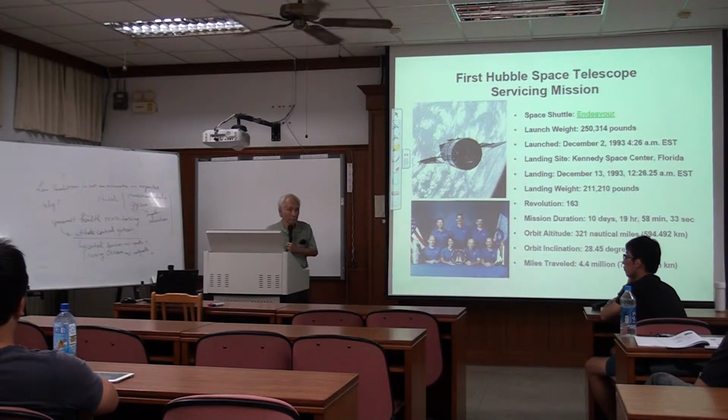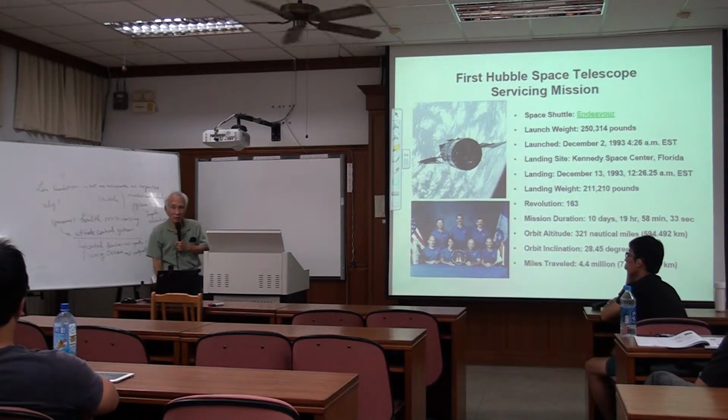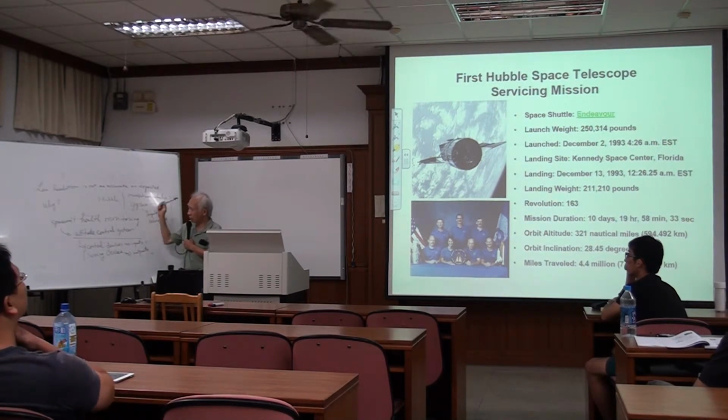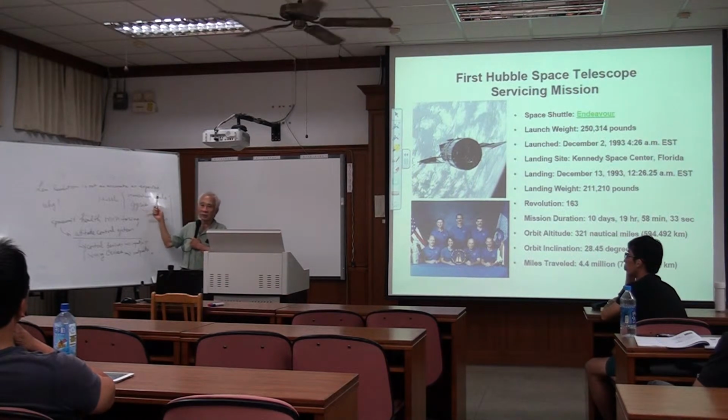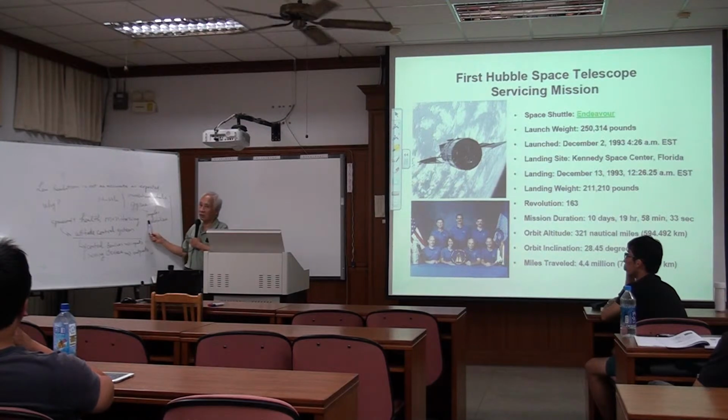Okay, that's how engineers did it in the 1990s. They used the moment wheels. They gave input signals to the moment wheels, and they measured the angular velocities of the Hubble.